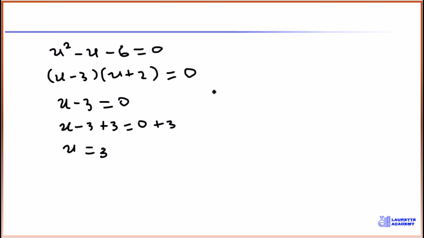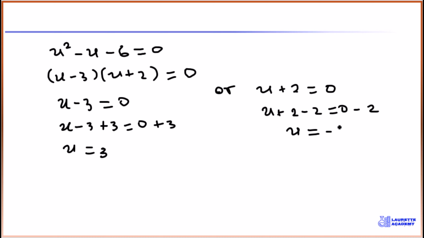Or u plus 2 is equal to 0. We subtract 2 from both sides of the equation, so we have u plus 2 minus 2 equals 0 minus 2, and so we end up with u equals minus 2.